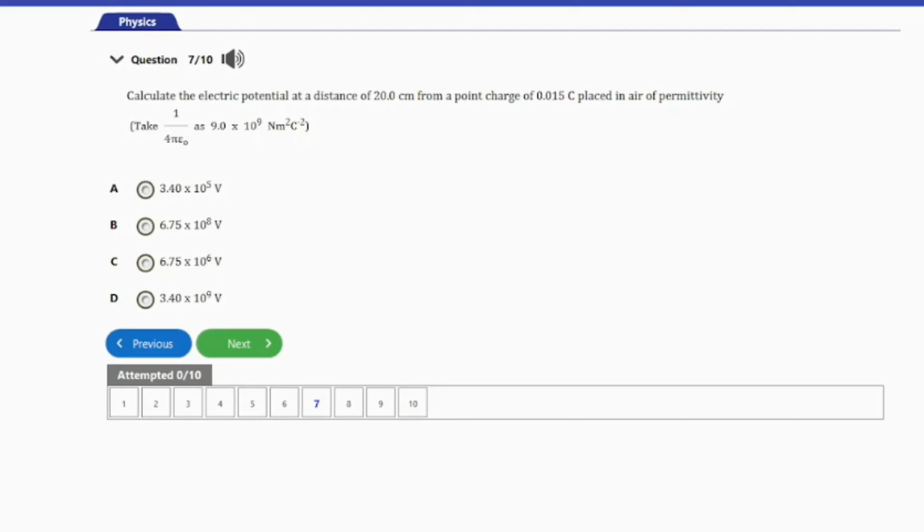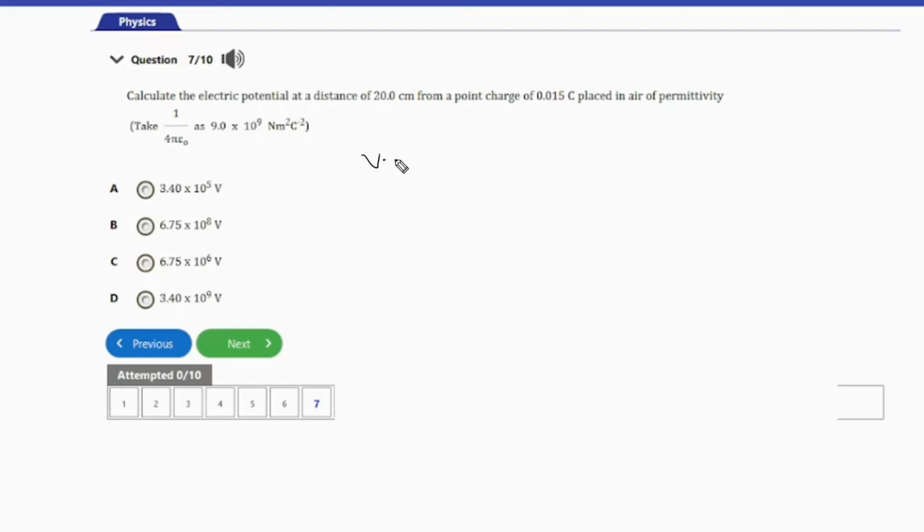Take 1 over 4 pi epsilon naught as 9.0 times 10 to the power of 9 newton meter square per coulomb square. Let's take note that this 1 over 4 pi epsilon naught is actually the Coulomb constant here, and we're going to use it to just solve using this simple equation.